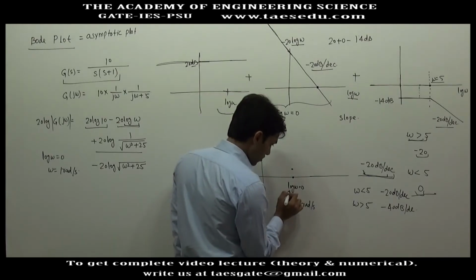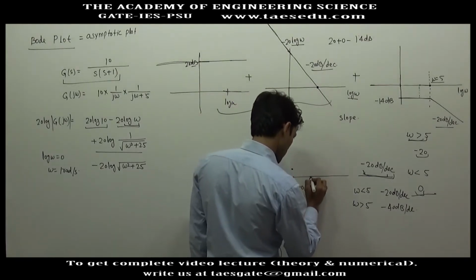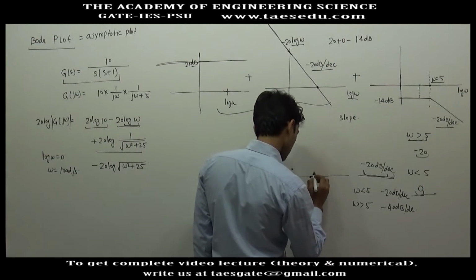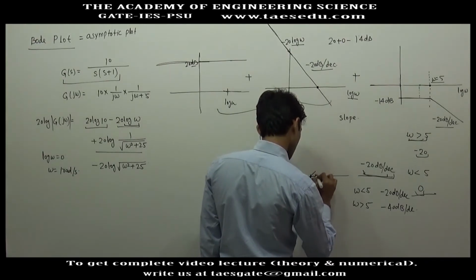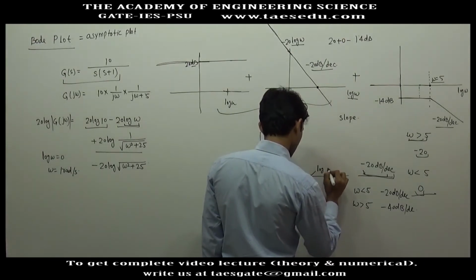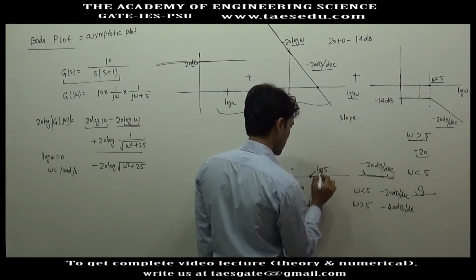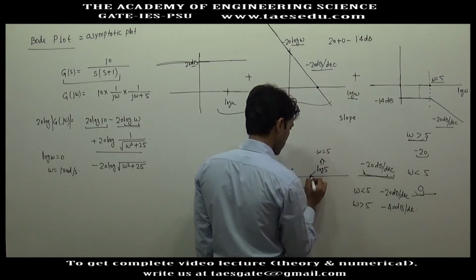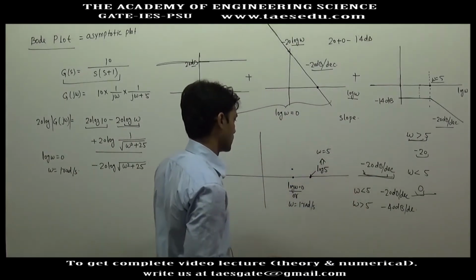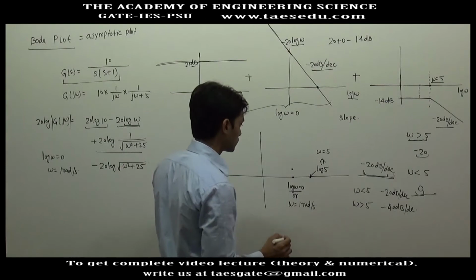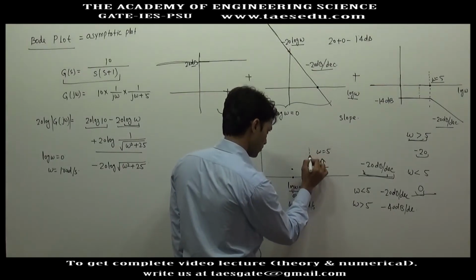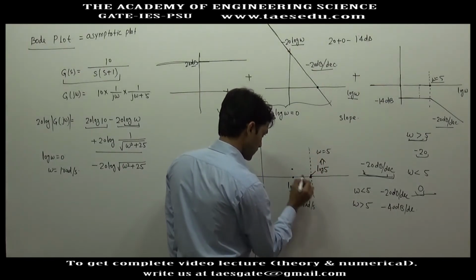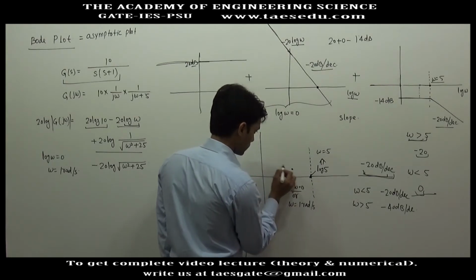Here we are at log omega equal to 0. Let's say this point is log 5, meaning omega equal to 5. After this point, we will have minus 40 dB per decade. This is a boundary for slope. You have this point on the graph.